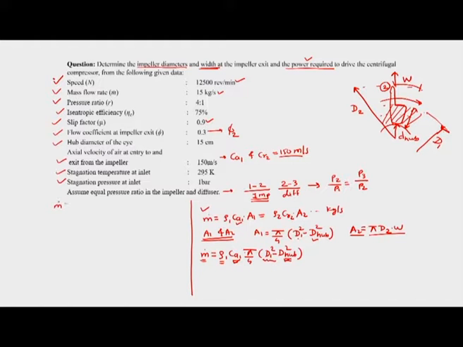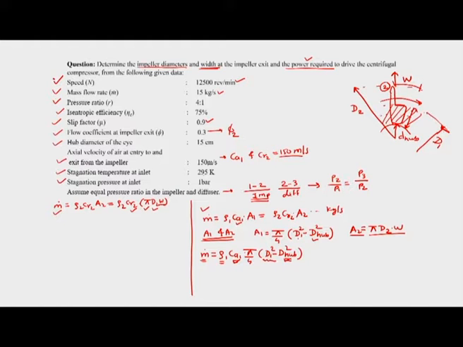So m dot is equal to rho 2 CR2 and A2, where area is pi D2 into W. Mass flow rate is known, CR2 is known, 150 meter per second, D2 is known to us, we have found out D2 rather, and then we just have to find out W2.